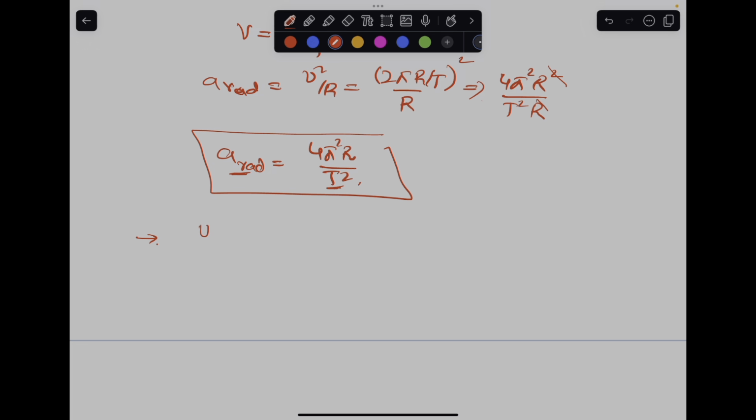So we have a non-uniform circular motion, like what we have in a roller coaster.